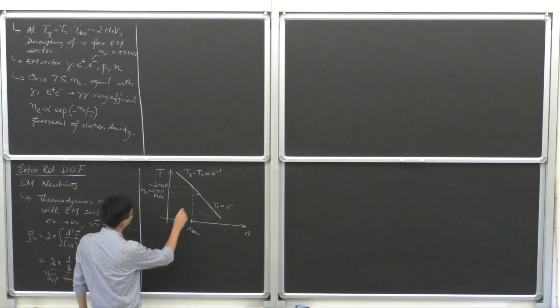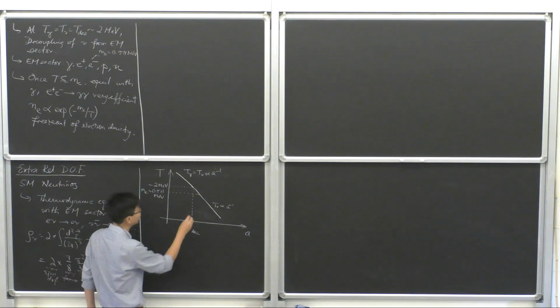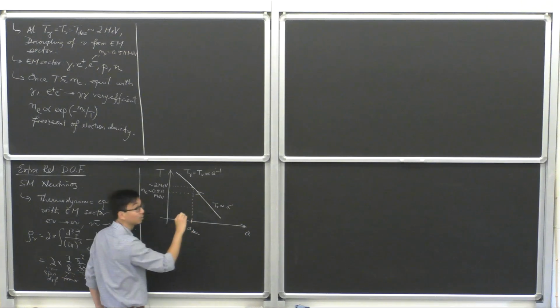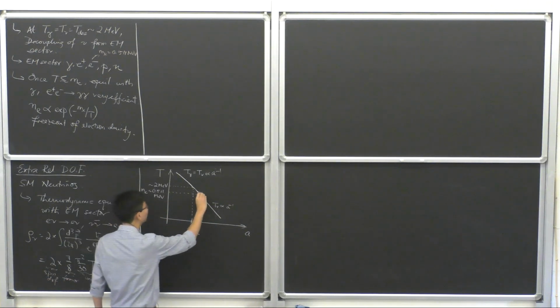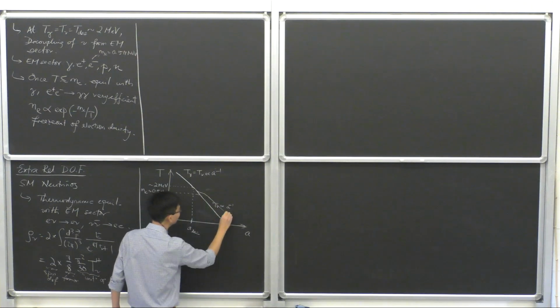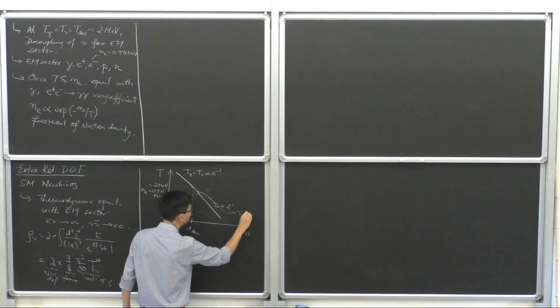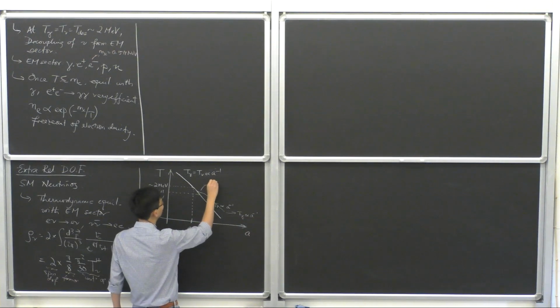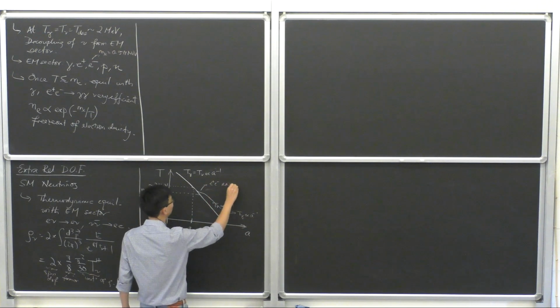So what's going to happen is that the electromagnetic sector is going to start kind of heating up a little bit, and then at some point when the freeze out occurs, you're going to transition back to something that looks like this. Okay, and so at late times, again, you have T_gamma proportional to a inverse, but then you have e+ e- annihilation here.